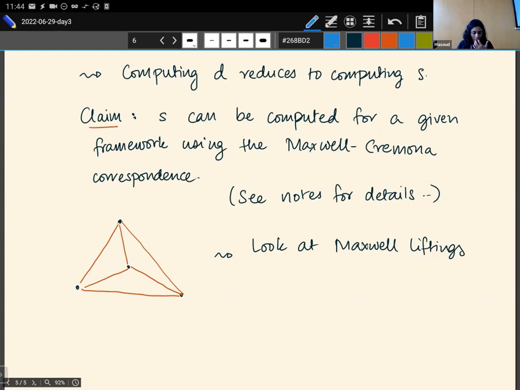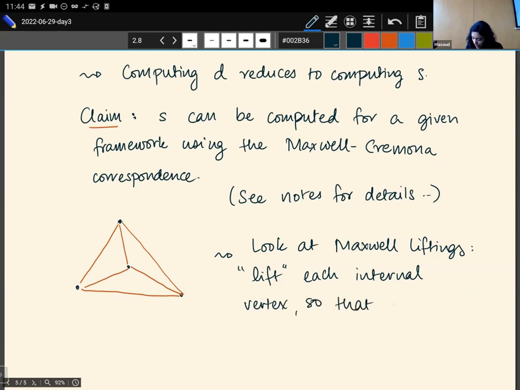And of course, as I do this, every face has to remain planar. So I have to give some height for each vertex, maybe some internal vertices may have lift 0, so that each face remains planar.